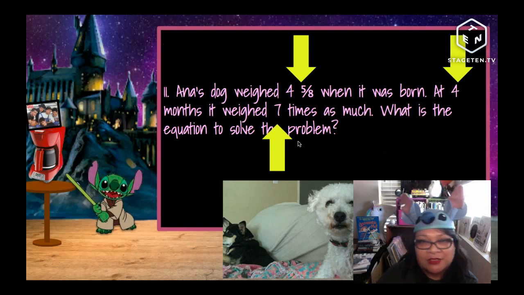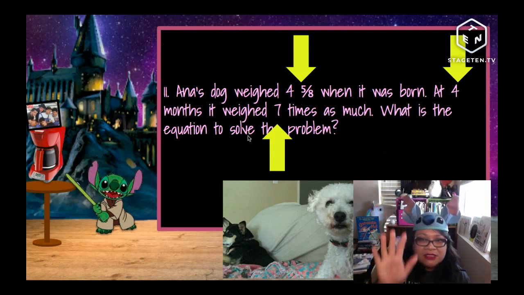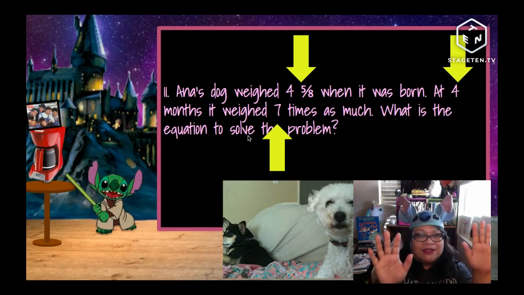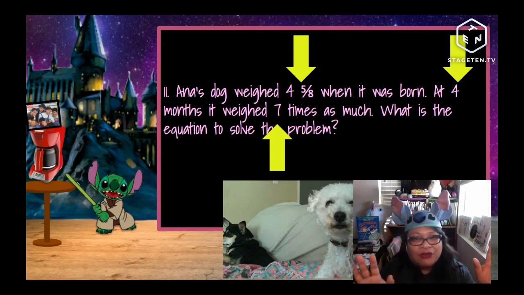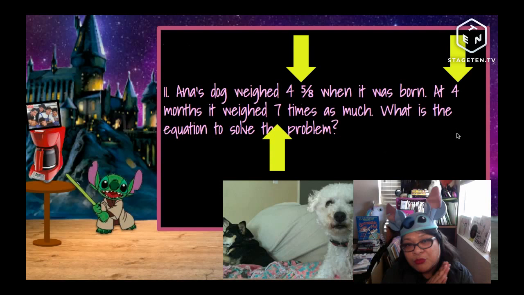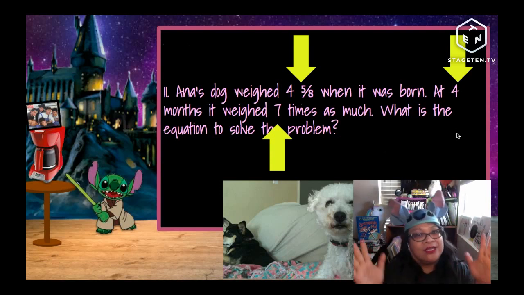I'm just kidding. That's not in there. But look, something in there does not belong. So they want to know, okay, Anna's dog started out weighing this much, and then over time, it weighed 7 times as much. Does it really matter how old the dog was? It doesn't. So they just threw that in there to really mess you up. So you're only multiplying 4 5/8 times 7.